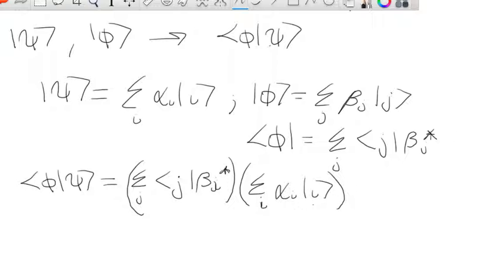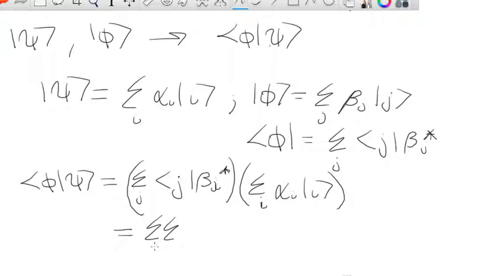Now remember what we said before. Whenever we have coefficients such as alpha i and beta j conjugate, they don't take part at all in anything to do with these kets. So these kets will act on themselves, and these coefficients will get taken out the front along with the summation sign. So with that in mind, let's bring out the summations.